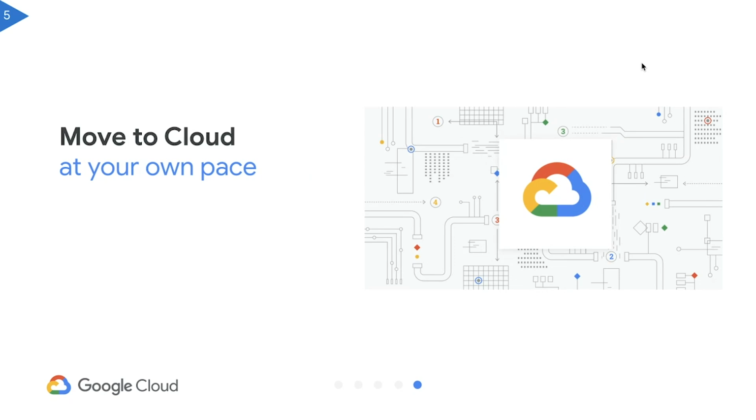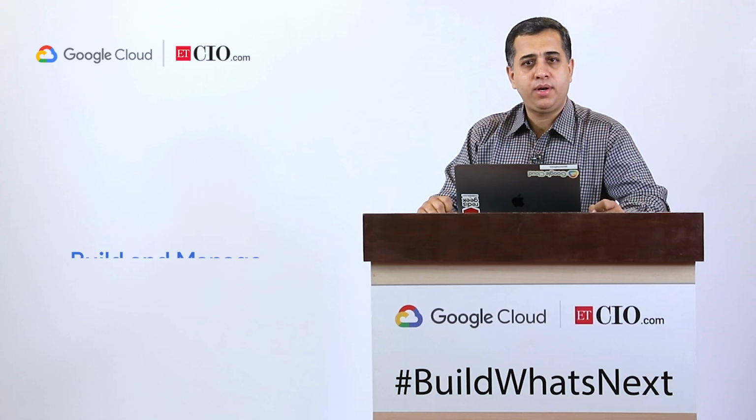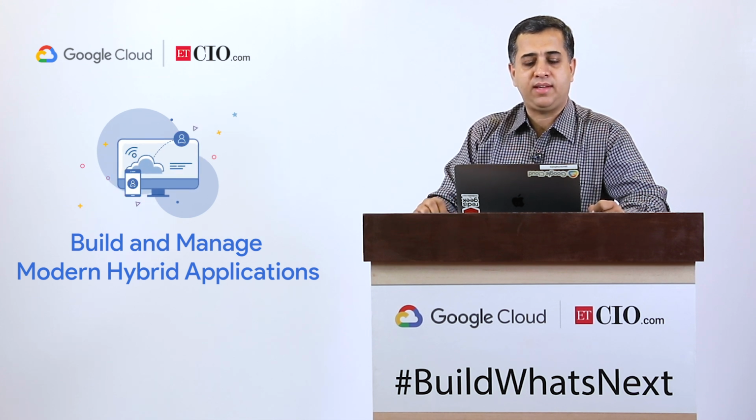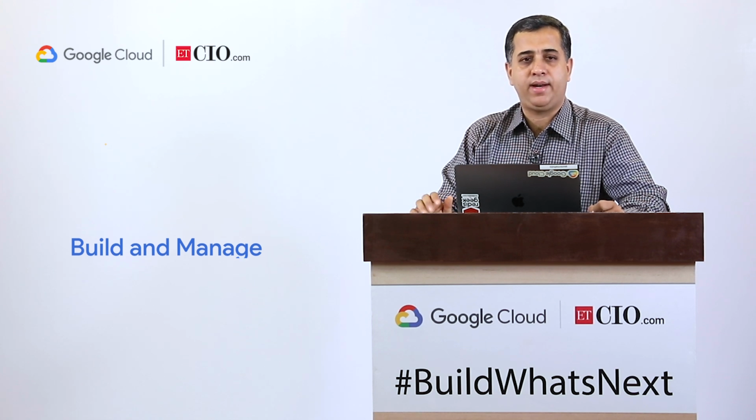Lastly, it's an optional step. If you're ready, you can move that application to the cloud. And again, remember, you don't need to do anything to move that application to the cloud. Essentially, all you have to do is just deploy it differently. That's it. And it gets deployed onto the cloud without even changing a single line of code.